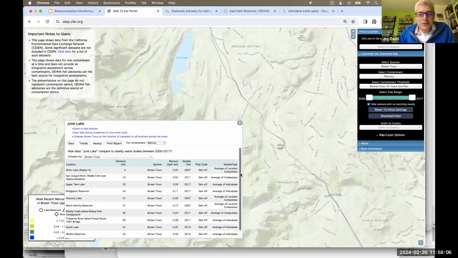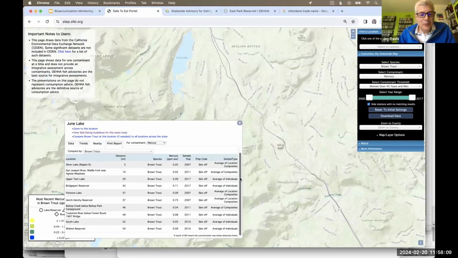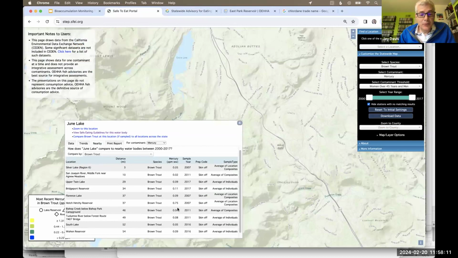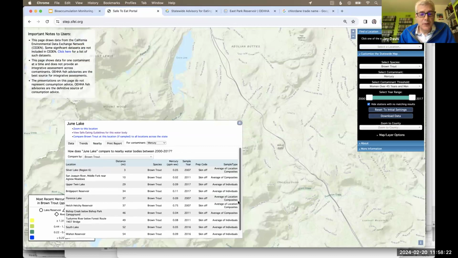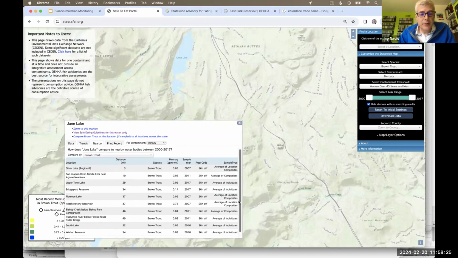But this is interesting given what I was saying earlier: it was very interesting in 2007, we found pretty high levels of mercury in Hetch Hetchy Reservoir in brown trout. That was one of the higher values we've seen in the Sierra, suggesting that it's a resident population and that there's a lot of mercury in that food chain.